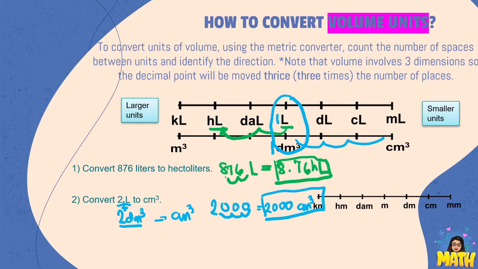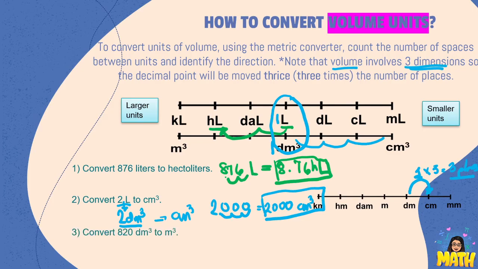However, since we're talking about the volume, it involves 3 dimensions. So the decimal point will be moved thrice the number of places. So from decimeters to centimeters, this is just one place, times 3, it will become 3 decimal places. So if you notice, we moved it 3 times.